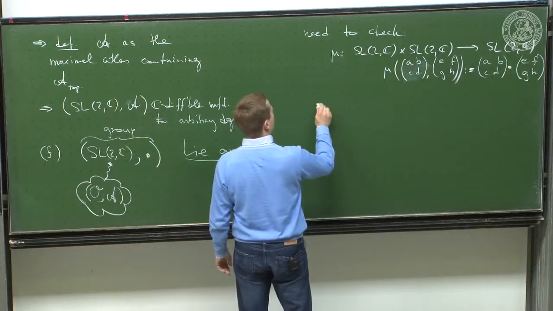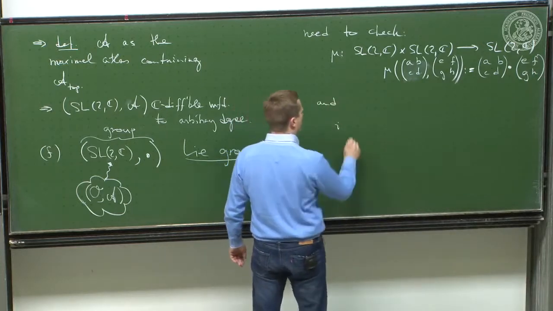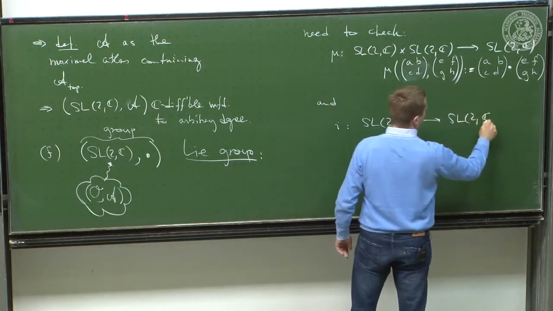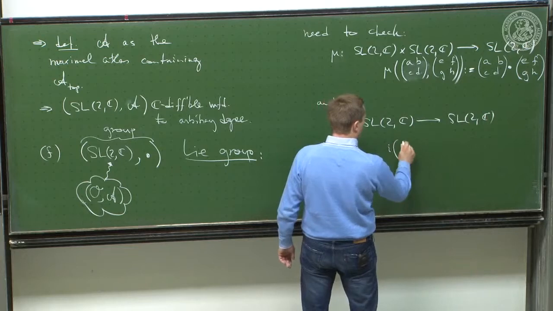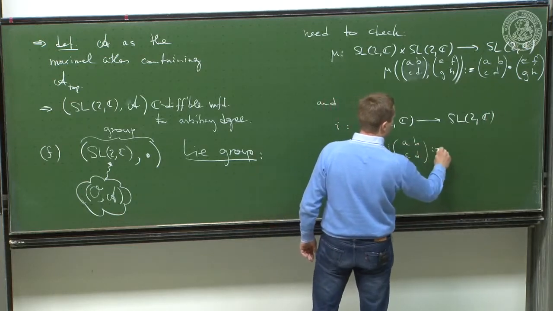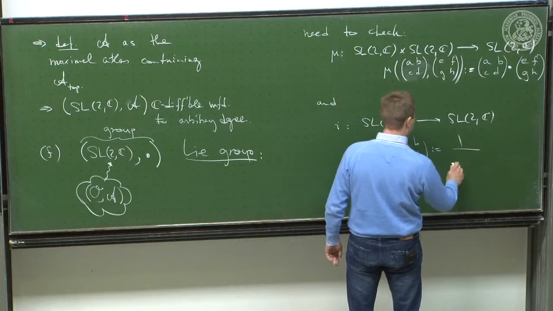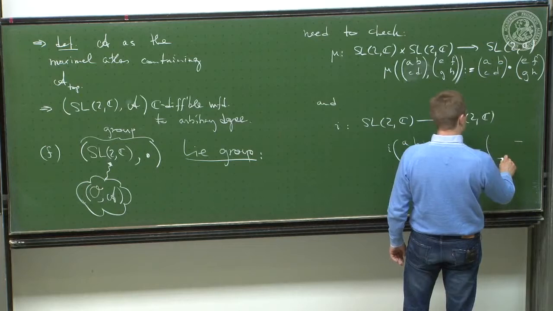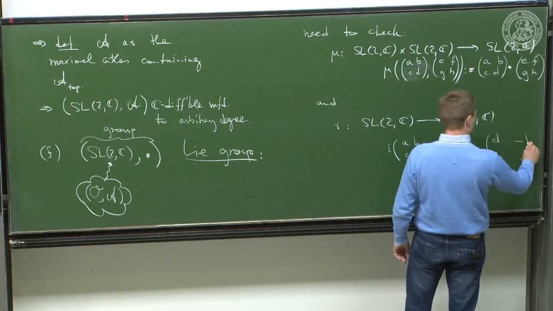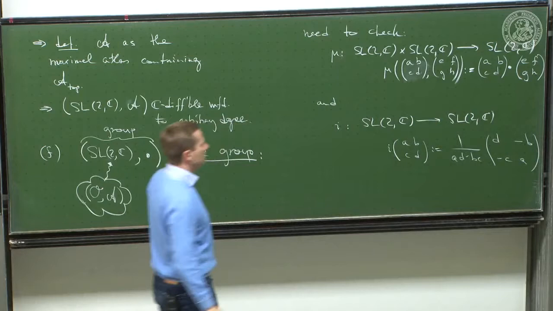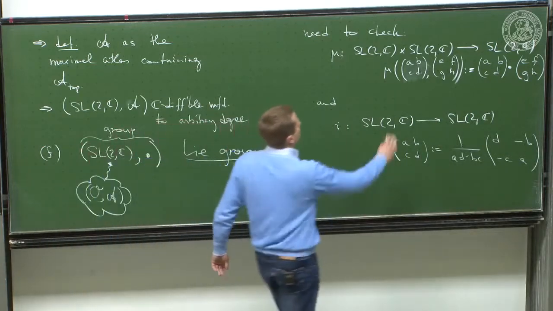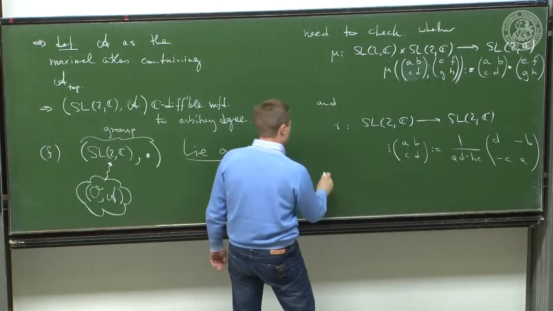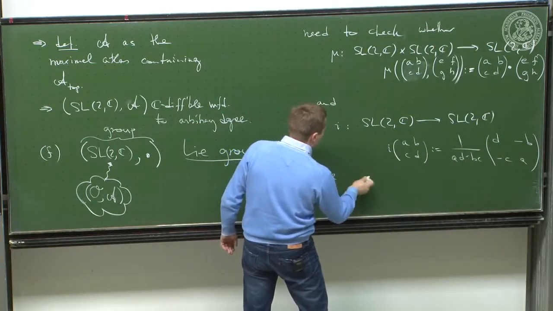We need to check that this map and this map I, which takes only one element of SL2(C), A, B, C, D, by virtue of mapping this to the inverse, so that was 1 over AD minus BC times D, minus B, minus C, A. We need to check whether this map and this map are smooth.